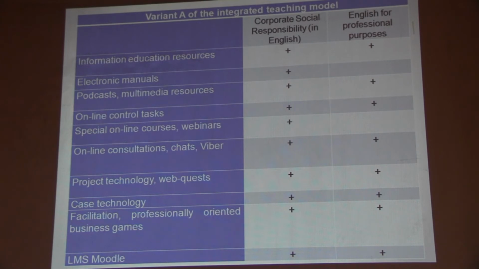And variant B, which included fewer communicative technologies, so we have some variables to compare with. So this was the variable of our experiment.